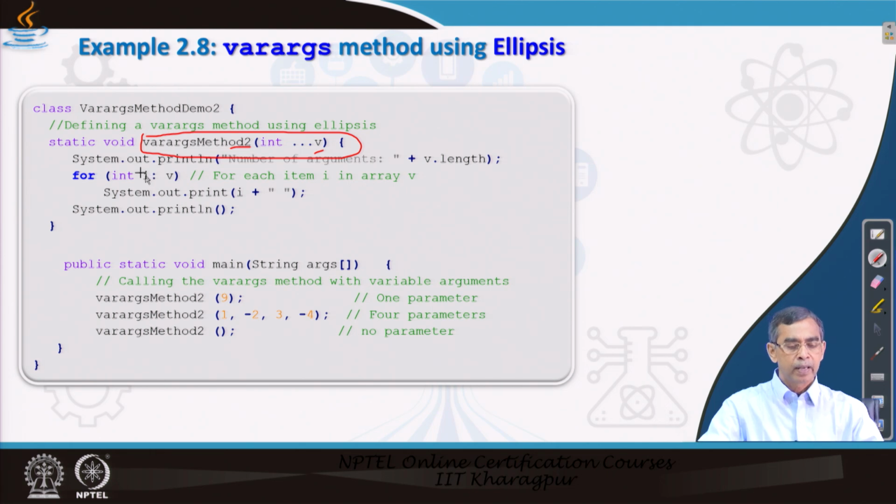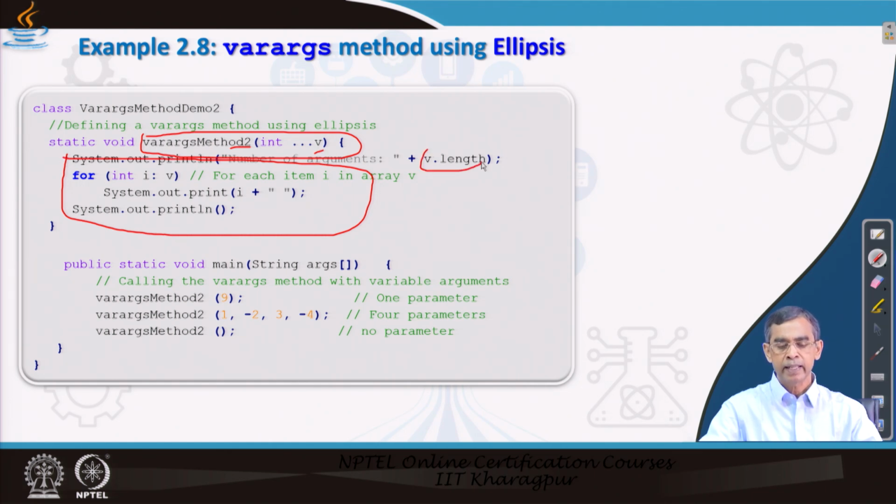Then here we have a simple statement printing the array of values that will be passed to it, and v dot length is another value that it prints. It is very simple: we pass an array, and in this method the array elements will be printed using a for each statement.